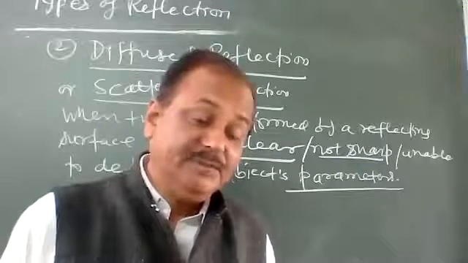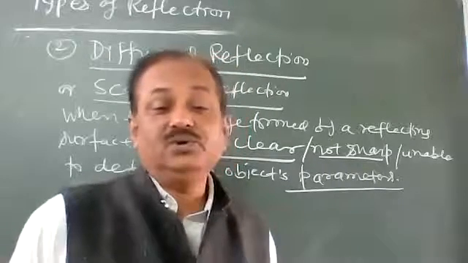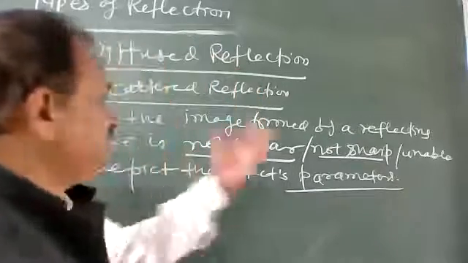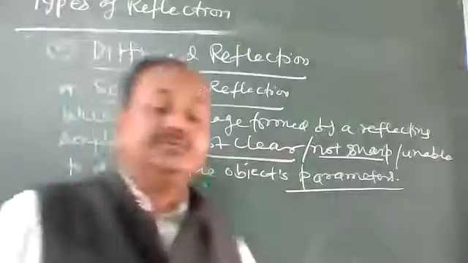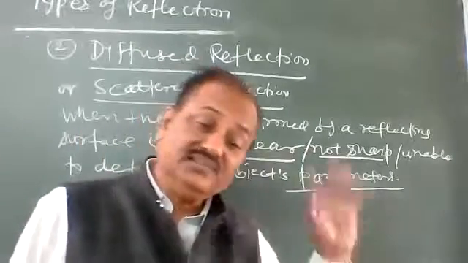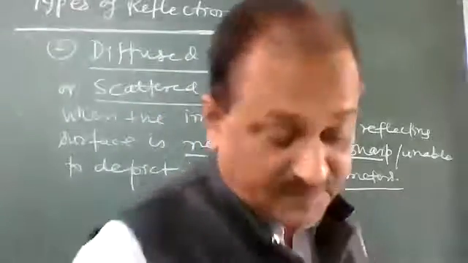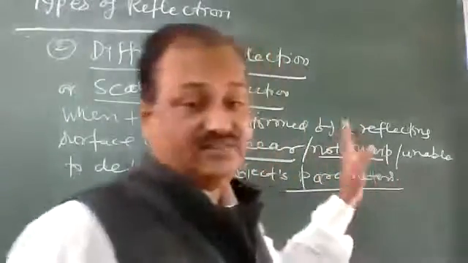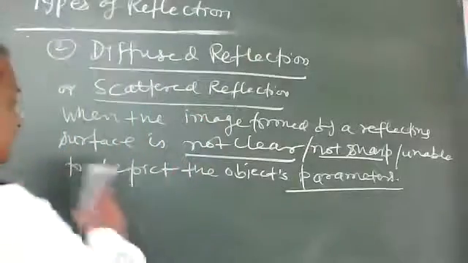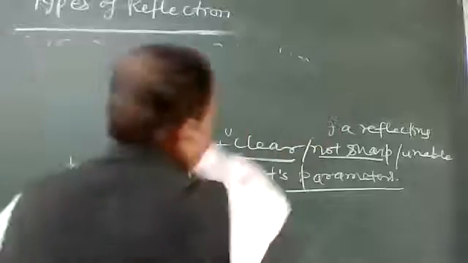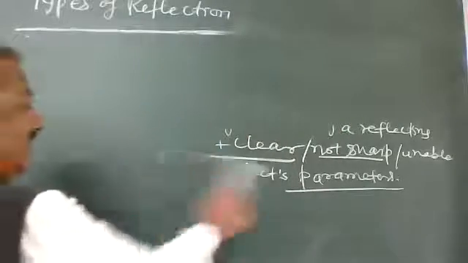They are safe, but in some cases they are unable to produce a clear picture. Our picture can be said to be blurred, and so that is called a diffused or scattered image, or reflection. So when the image is not proper, not clear, it is said to be diffused or scattered.